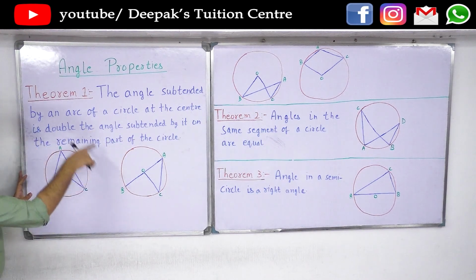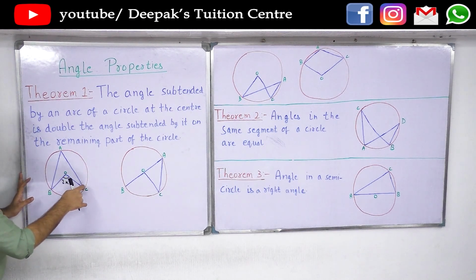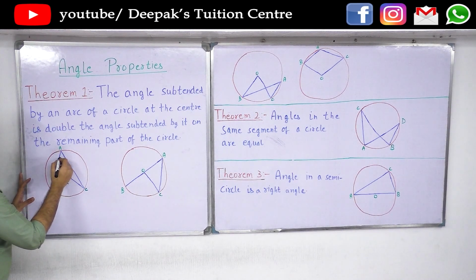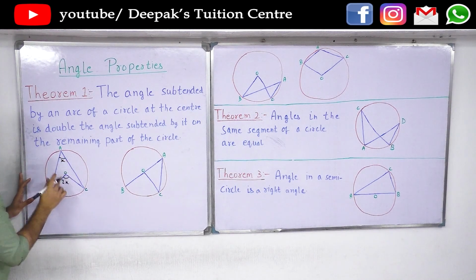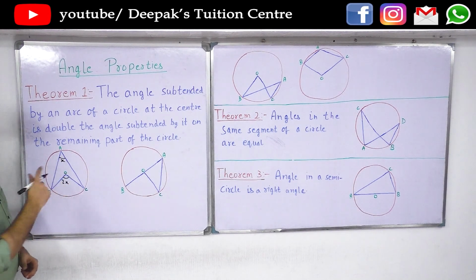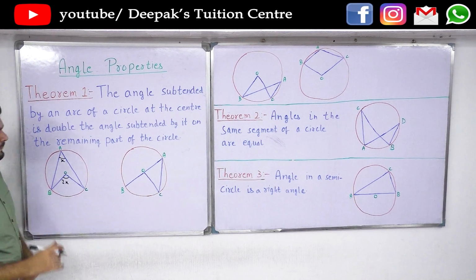Remaining part of the circle means the circumference, nothing other than the circumference. So if this arc subtends an angle x at the circumference, then if this is x, this is 2x. You have to remember it: the angle subtended at the center is double the angle subtended by it at the circumference. If you remember this, it is easier to write.